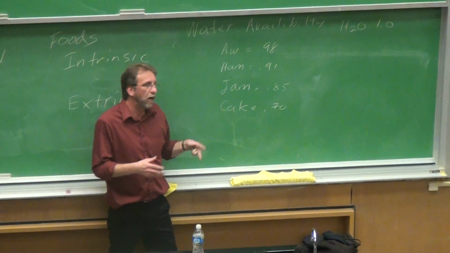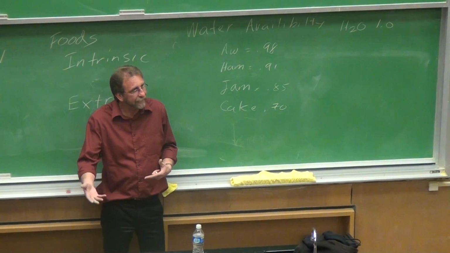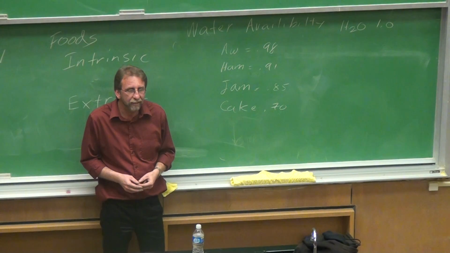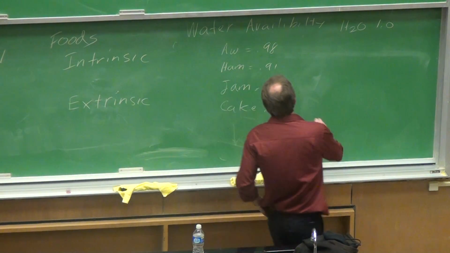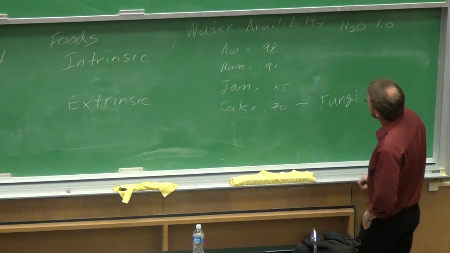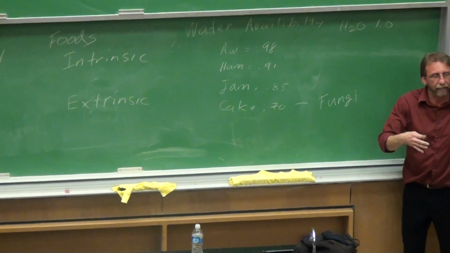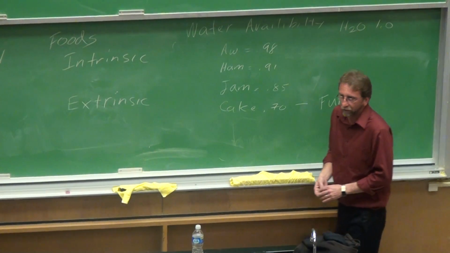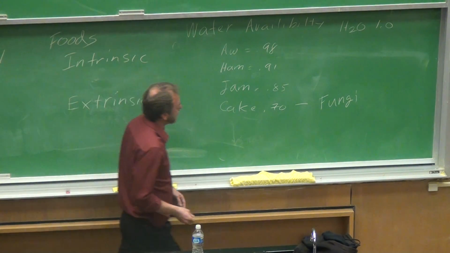Cakes, very dry foods, no water available. Breads, no water available. So you don't see bacteria grow. Now, as far as cakes and some things, fungi actually can grow at lower water availability levels, usually around 0.8.